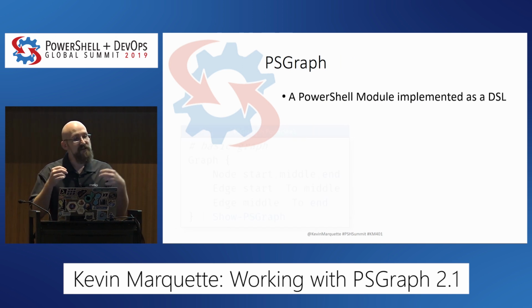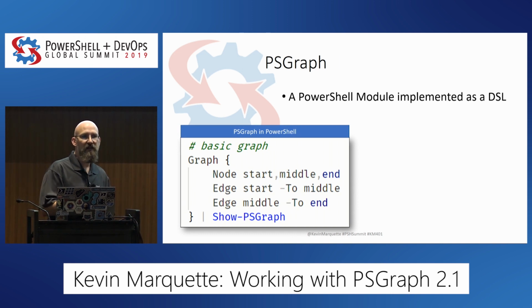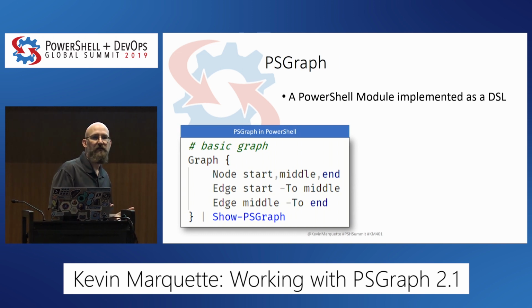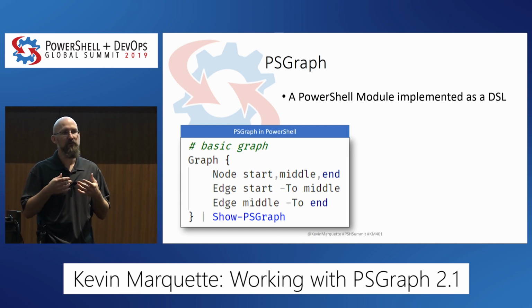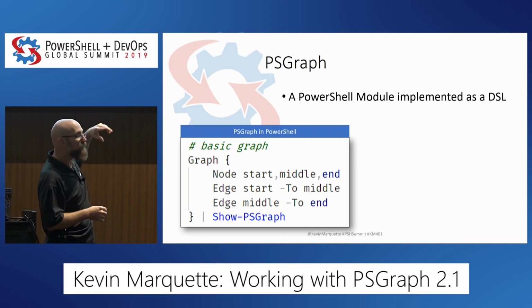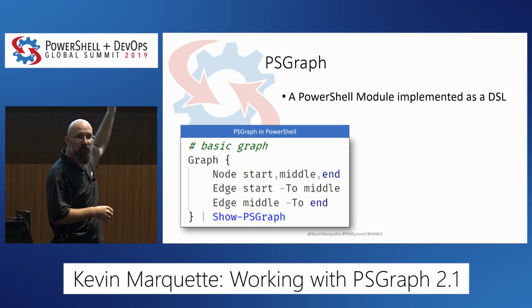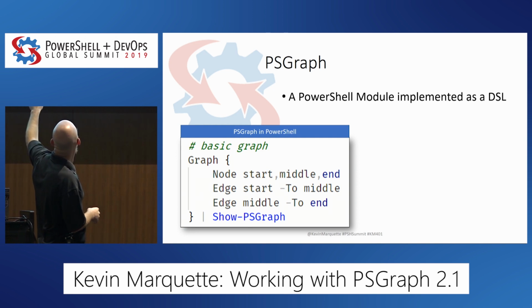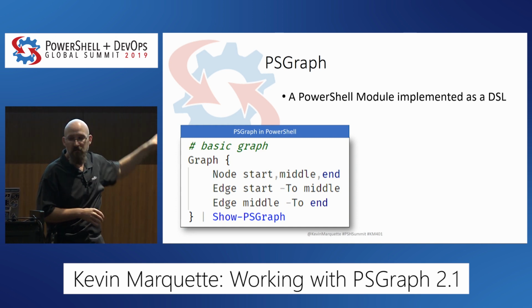PSGraph itself is a PowerShell module implemented as a DSL, which means I built some really friendly commands that use language very close to graphing information. Like the example behind me, I'm defining the list of nodes that I want rendered, and then saying I want an edge from the start to the middle and an edge from the middle to the end.